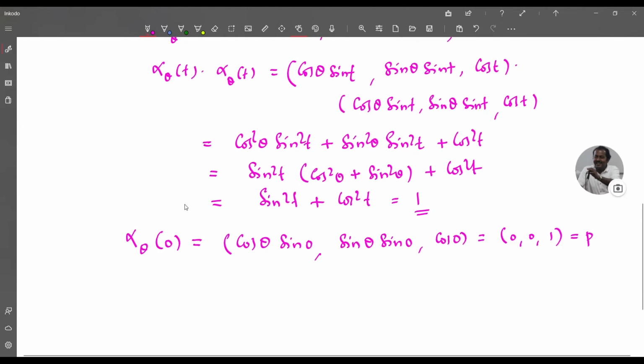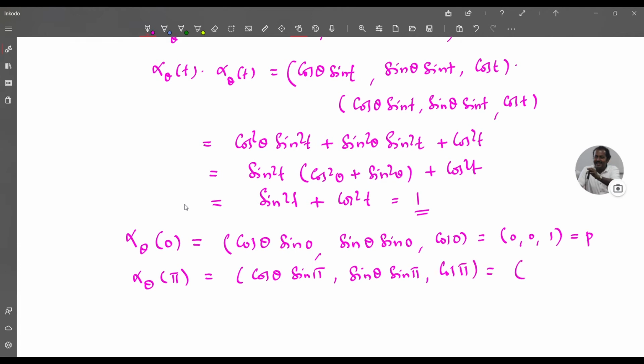And alpha theta of pi is (cos theta sin pi, sin theta sin pi, cos pi), which is equal to (0, 0, -1). You take this as q.